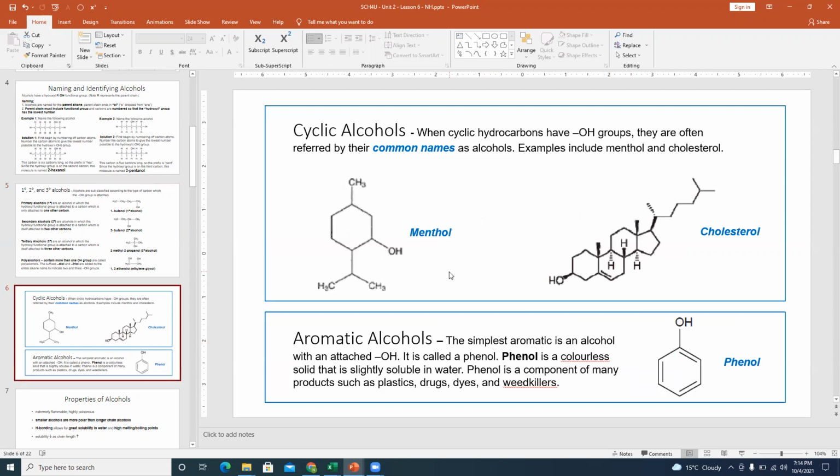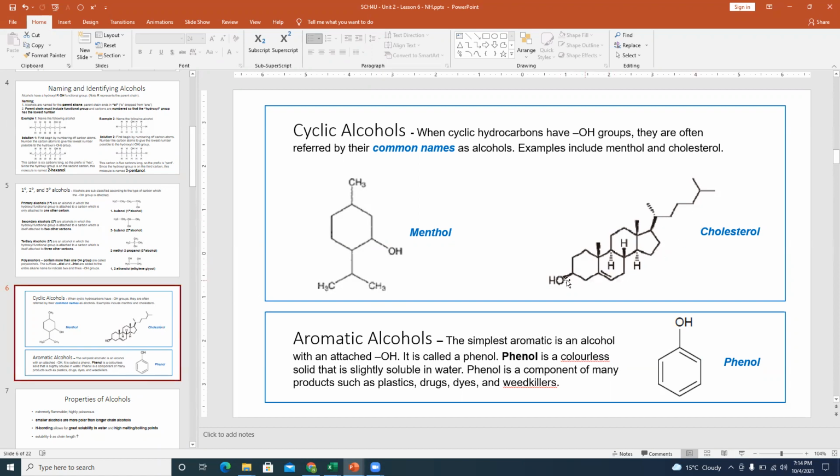And then we talked about how you can also have cyclic alcohols, where you have the cyclic hydrocarbon and the alcohol group attached to it. And this is menthol. This is what gives that minty flavor in some gums and mouthwashes, a minty tasting alcohol, menthol.